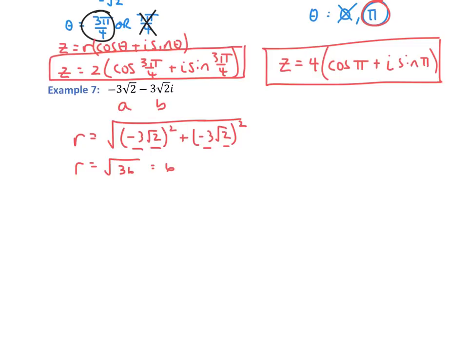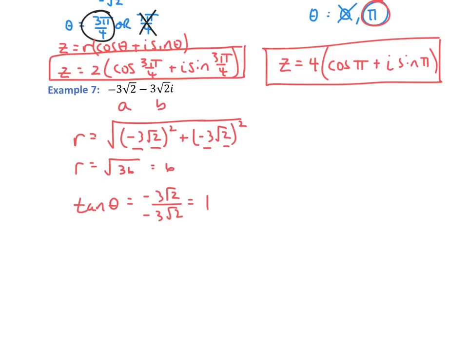When I go to do my theta, tangent of theta is equal to negative 3 root 2 divided by negative 3 root 2, which is equal to 1.